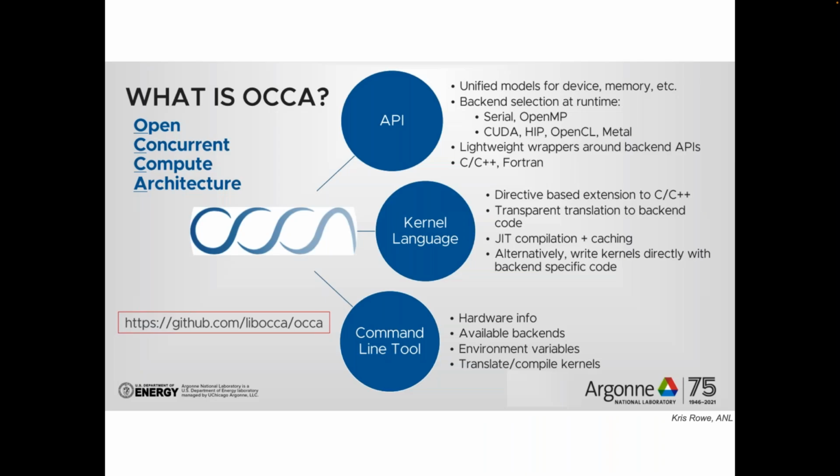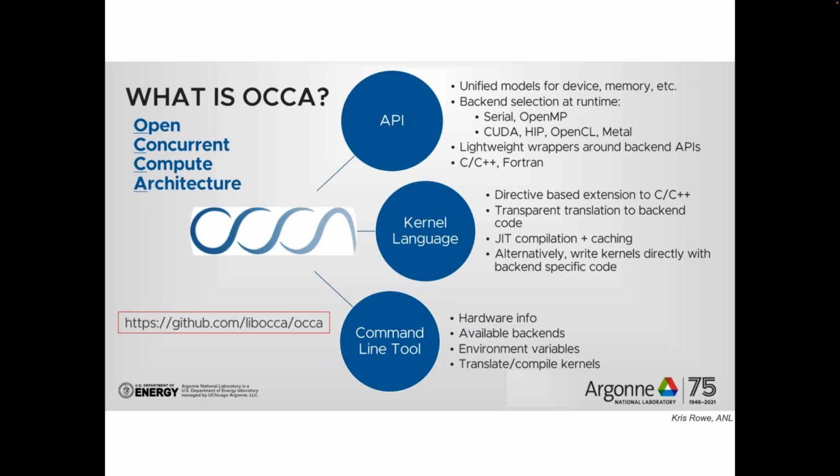In our case, we decided to use another code of the CEED project, which is called OCCA. It was also developed in Tim Warburton's group at Virginia Tech, and it essentially abstracts things on two levels. One is on the host: the API used to launch kernels, allocate memory, and time kernels.